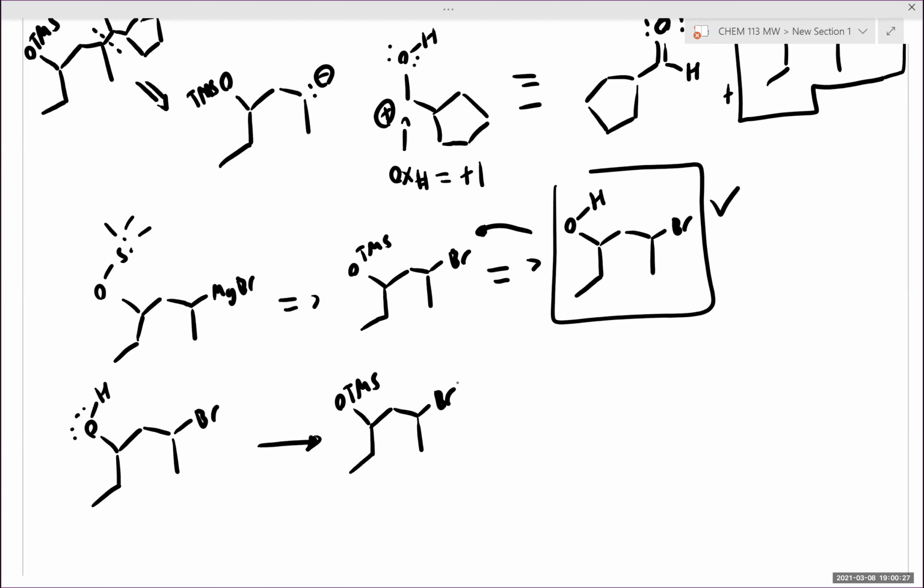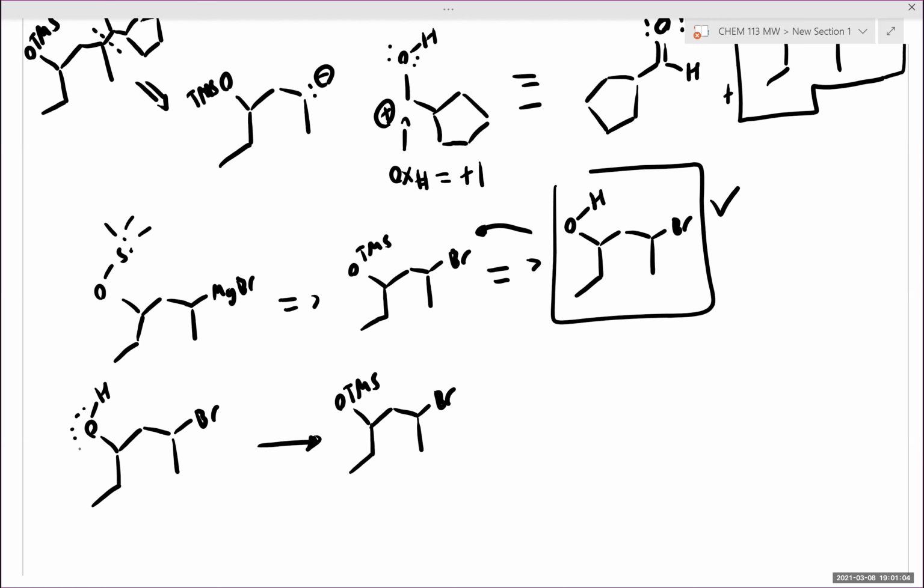So what conditions do we need to protect an alcohol with a trimethylsilyl group? Would anyone like to type the conditions in the chat or share their proposed conditions verbally? So how would we install this TMS protecting group?